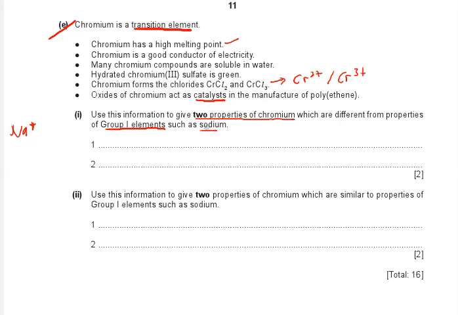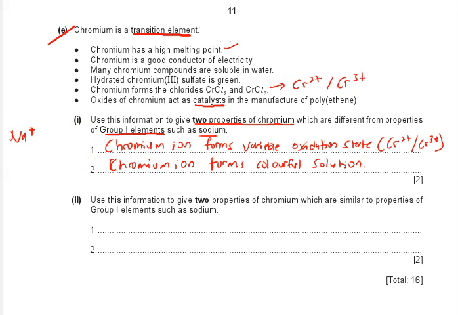However, sodium cannot behave as a catalyst as it is a reactive metal. Okay, so let me propose my answer here. It forms a variable oxidation state, and it also forms colorful solutions. And you have a lot more answers, like chromium has a higher melting point, and it behaves as a catalyst. You can also use these answers.